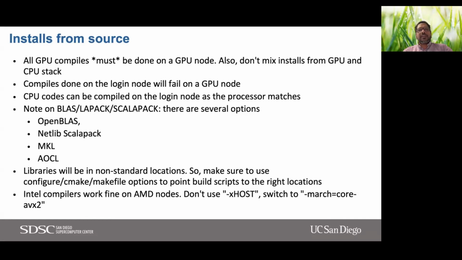The other thing is the login nodes don't have any GPUs. So if you're trying to link in a CUDA library that's on the system, that's not going to show up on the login node because there are no GPUs. So either way, the only way to make this work is to compile on a GPU node if you're running on GPUs. As I mentioned already, don't mix installs from GPU and CPU.